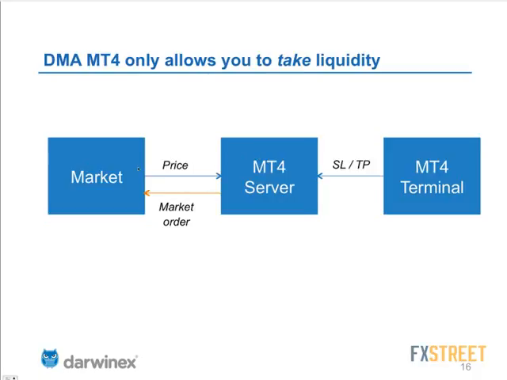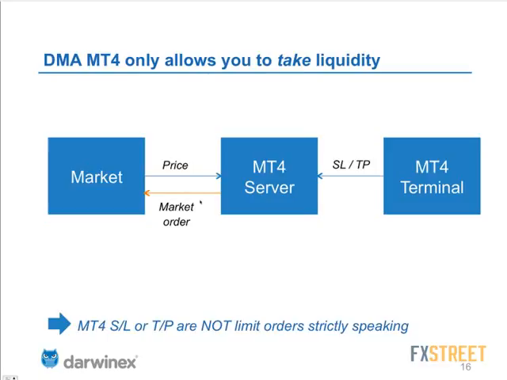Whenever the top of book that's fed by the market into the MT4 server touches the level of your stop loss, then it sends a market order. But it's a market order, so you're sending it when the stop loss has been hit. And by the time you get back to the market, the market could have moved with you or against you, and your stop would get slipped.